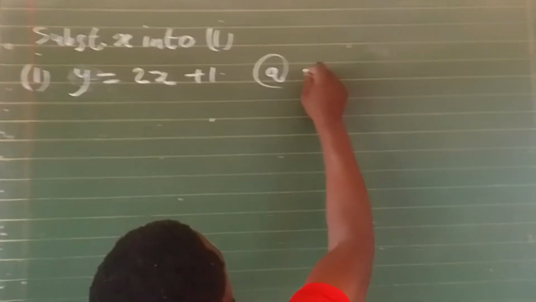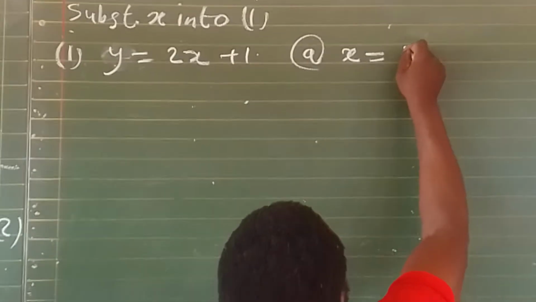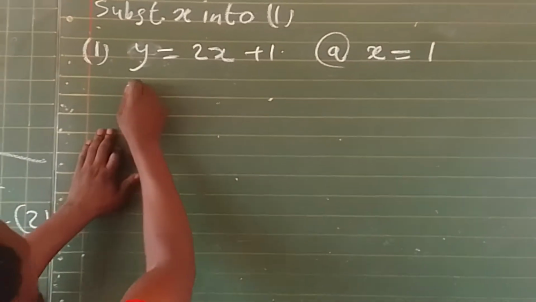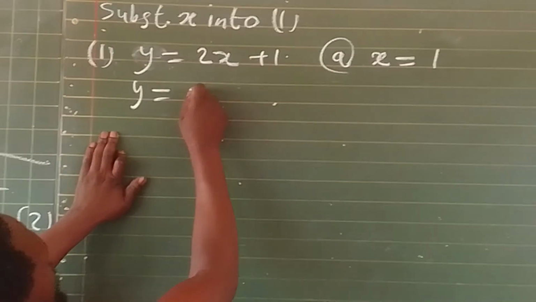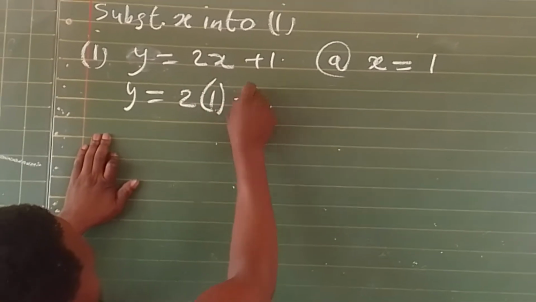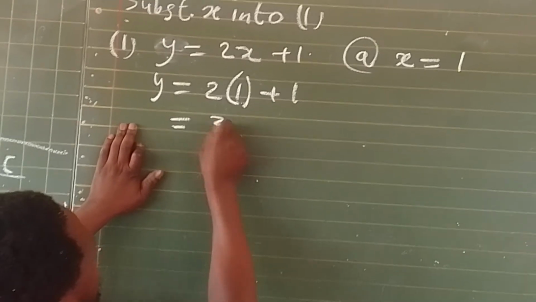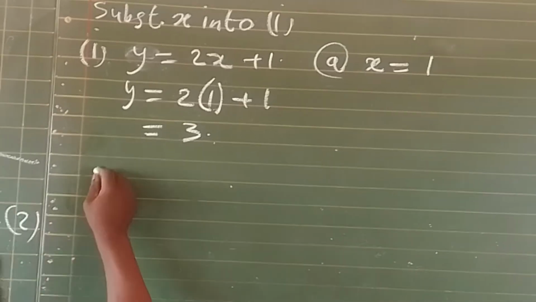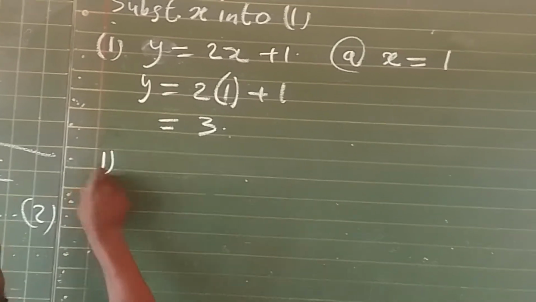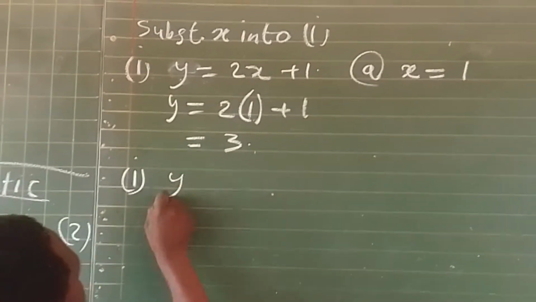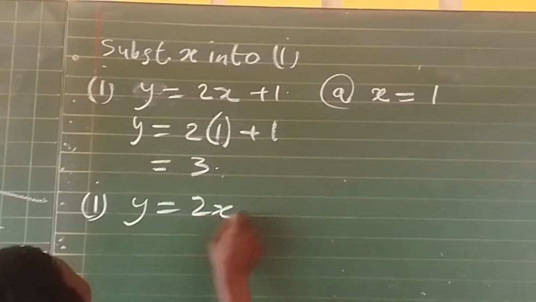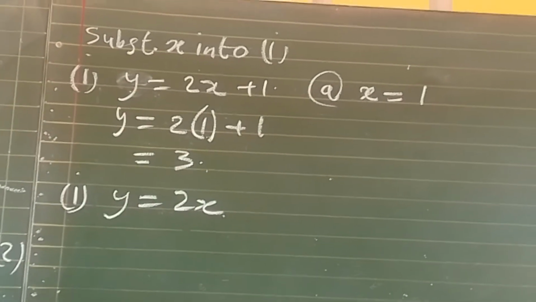Then at x equals 1, we are going to say y is equal to 2 into 1 plus 2, which is 2 plus 2, which is 4. You repeat the very same equation 1, y is equal to 2x plus 2.